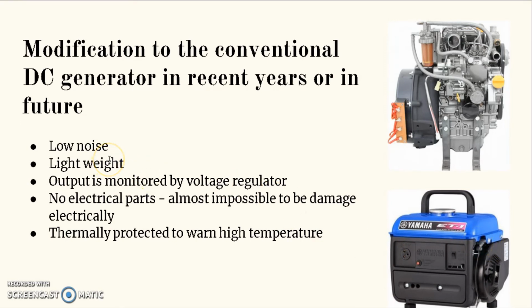The weight depends on how much power the generator has, but over the years it has become lighter and lighter. The output is monitored by voltage regulators. Some recent technologies have also taken off their electrical parts, which makes it almost impossible to be damaged electrically. They also have thermal sensors to protect them from overheating.